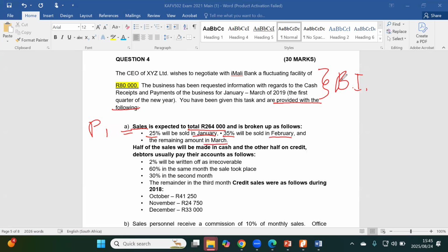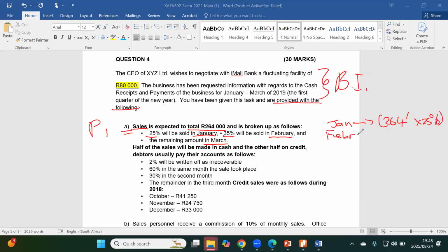Technically, if I break down their sales projections, out of the 264,000, it will be 264,000 multiplied by 25% to get total sales for January.